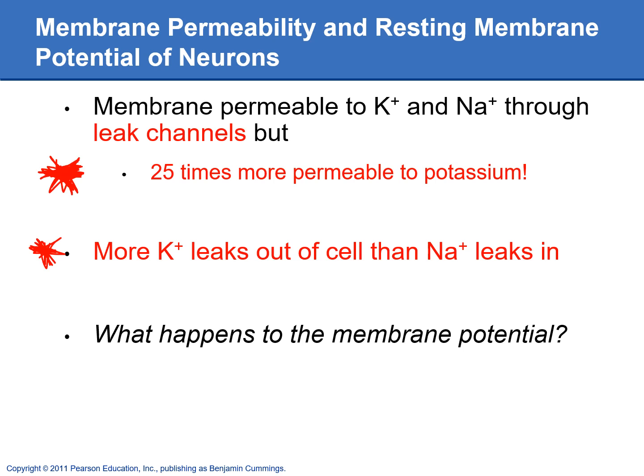And when that happens, if we have a lot more potassium leaving the cell than sodium coming in, that's going to leave us with a negative charge inside the cell. Okay, so the membrane potential will become negative.